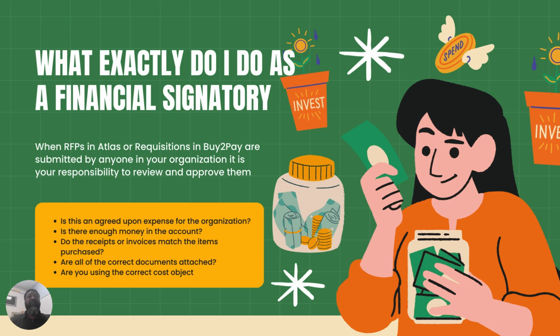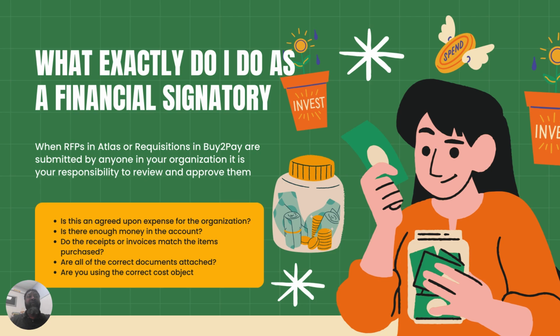Now, what you would have to do is make sure that you have the correct cost object. You want to be certain that you are within the cycle if you are using a funding cost object, that you are within that cycle of that expense. Are all of the documents attached?